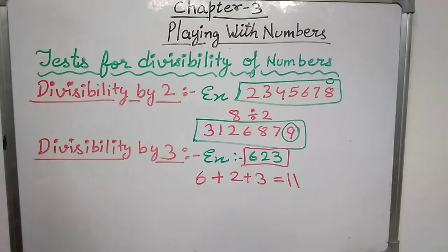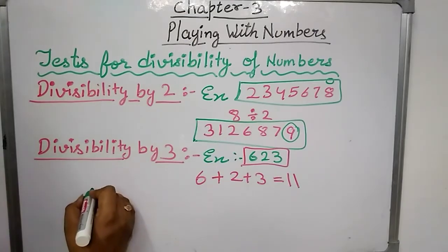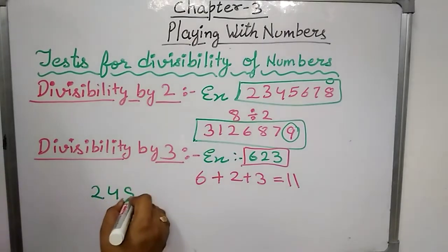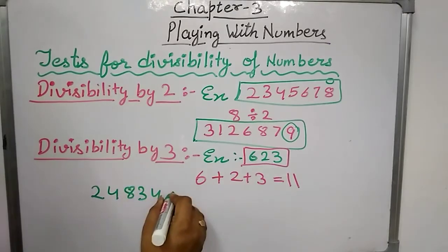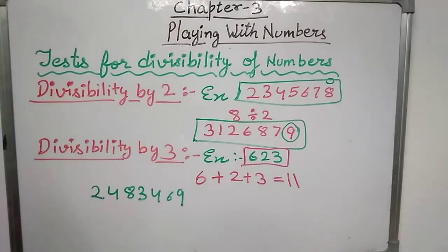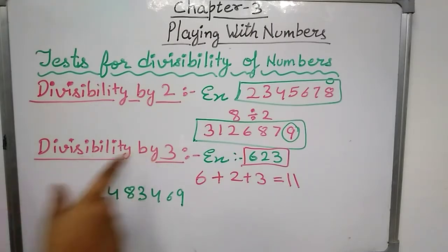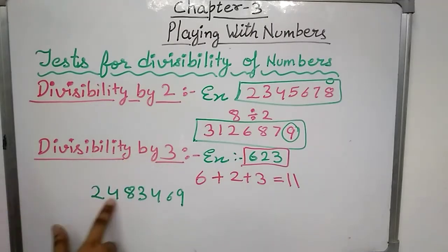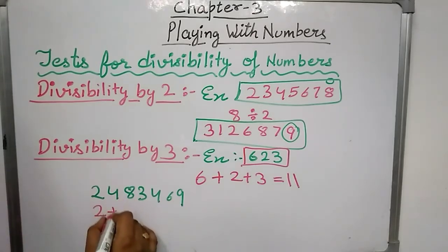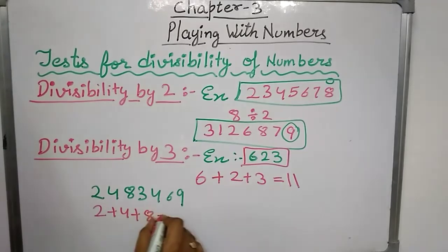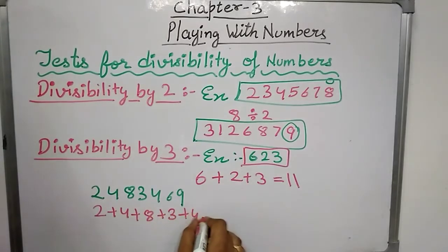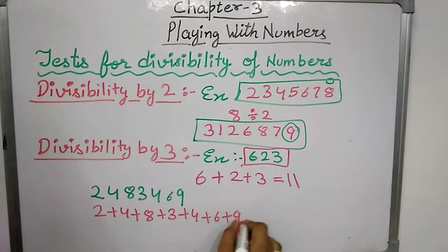Let's take one more example to understand. This is a number which needs to be tested for divisibility by 3. So we will add all the digits of this number: 2 plus 4 plus 8 plus 3 plus 4 plus 6 plus 9.